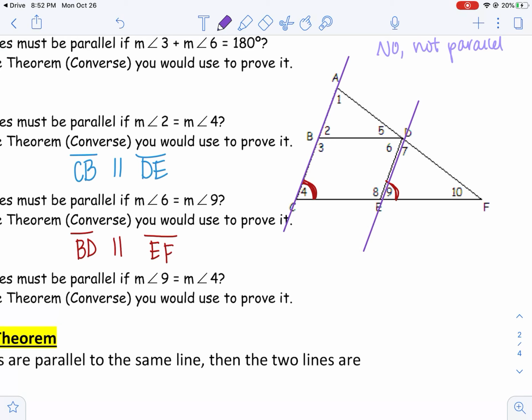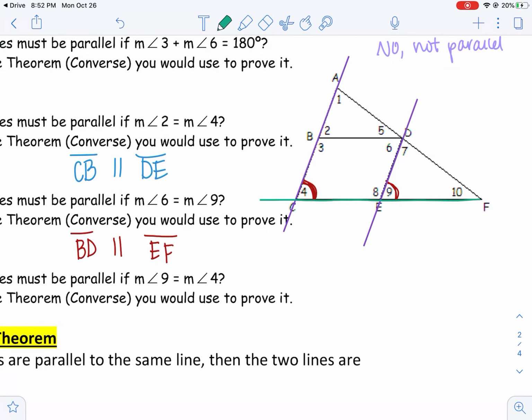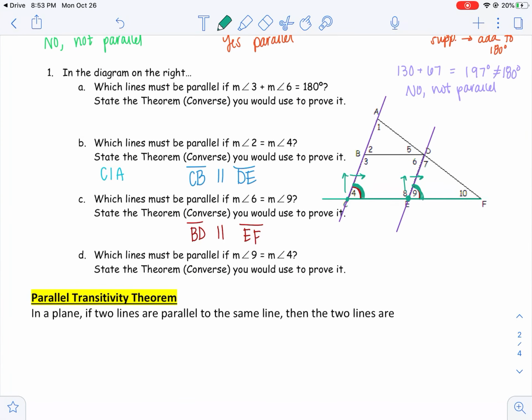Because we really only want to go for one transversal. I was thinking of two. All right, so there are my parallel lines, and I'm drawing in this transversal here. What that transversal did was it created this angle here that is up and to the right, and it created this angle here that is also up and to the right, meaning they are corresponding angles.